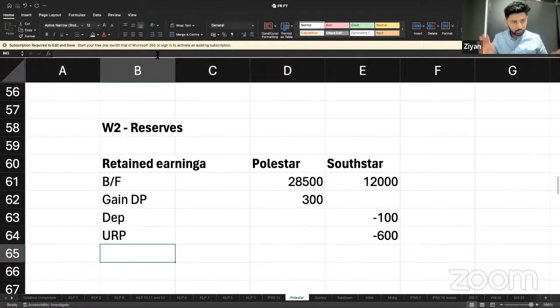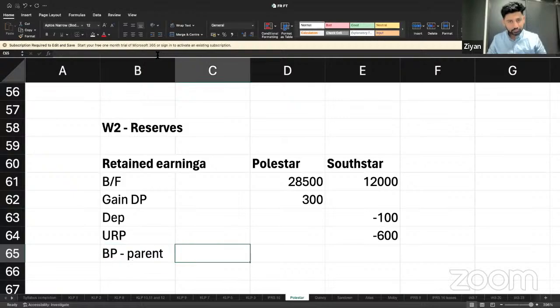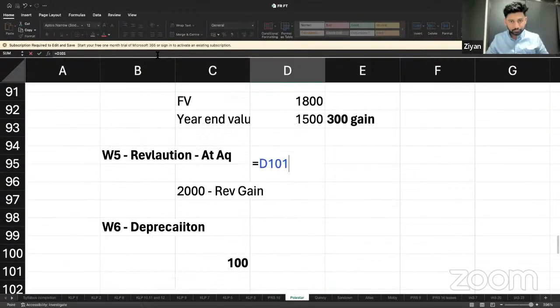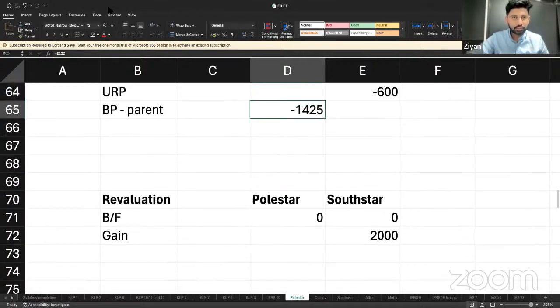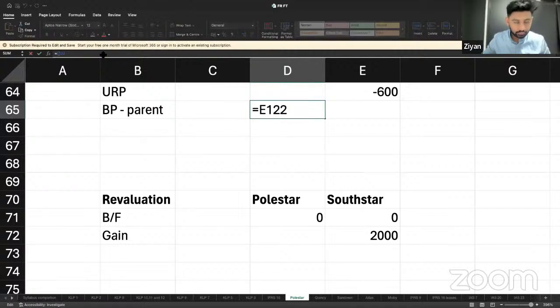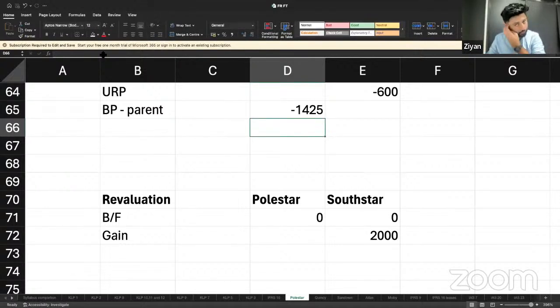I have a gain, bargain purchase, parent: 1,425, but it's not negative, it has to be positive.